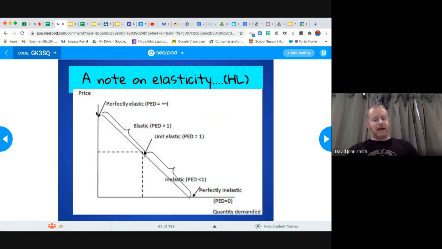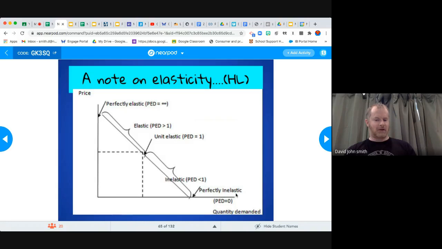The closer you get to the top of the demand curve, so closer you get to 0, the more elastic the demand curve is. The demand curve is going to be unitary elastic right in the middle. And then it is going to be more inelastic near what's called the bottom or near the quantity axis.